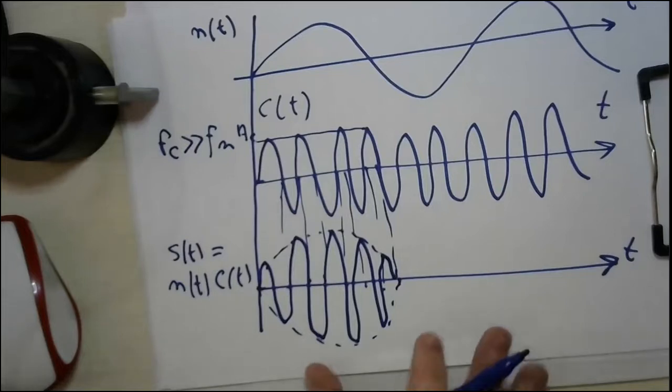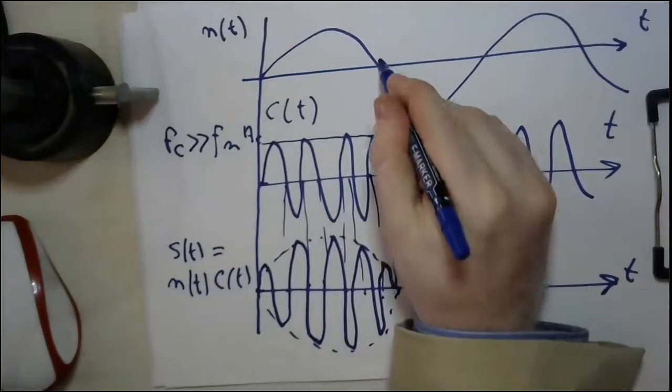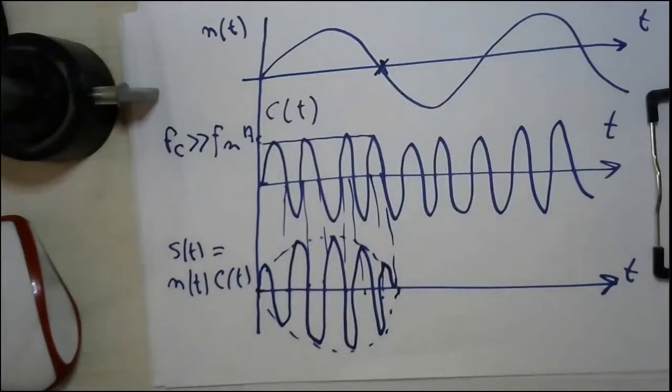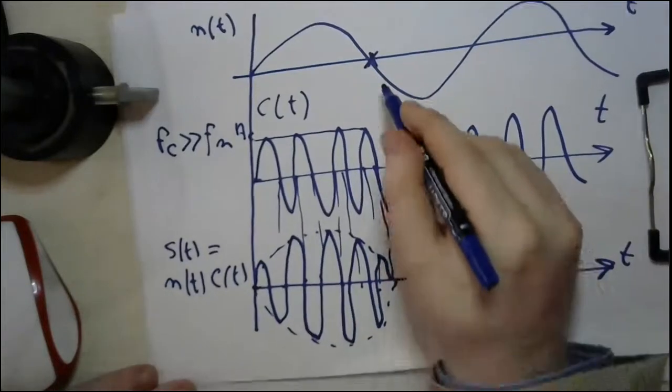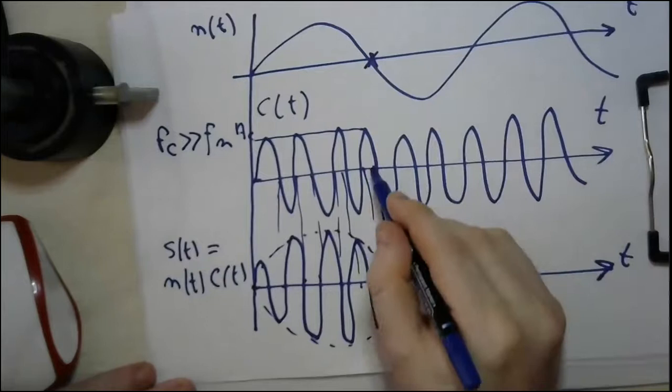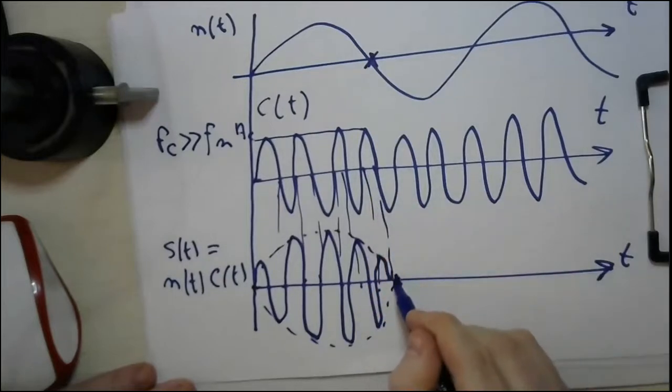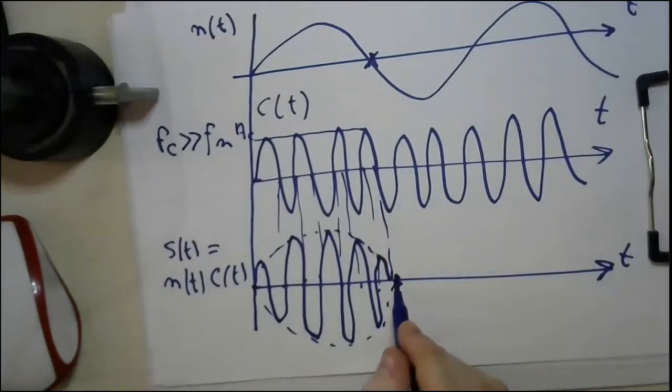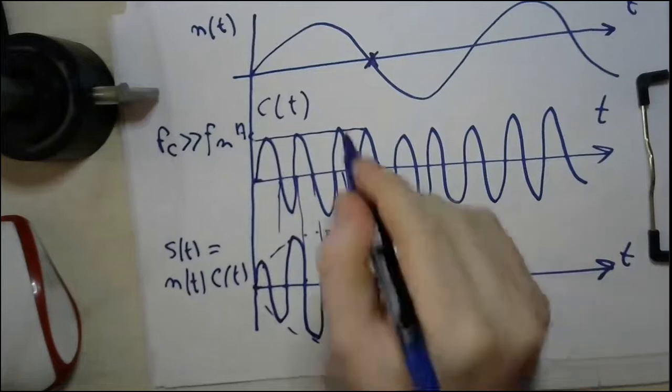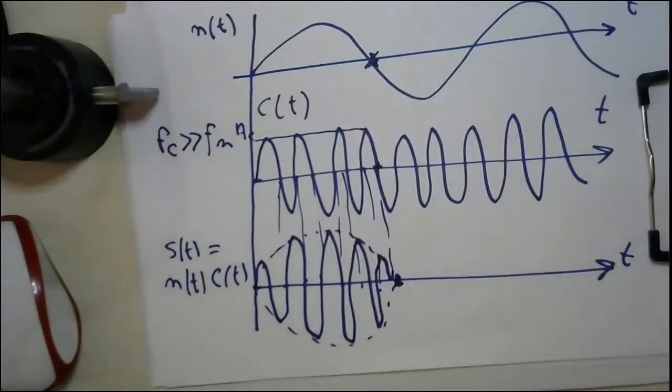Then, now it comes to the first zero of m of t. At this first zero of m of t, you will have also a zero. Okay, so this is a zero because m of t is equal to 0 and c of t is equal to 0. Very simple like that, as you can see.